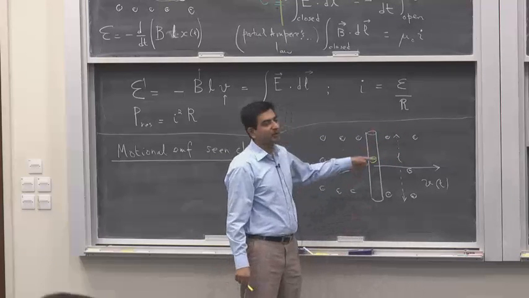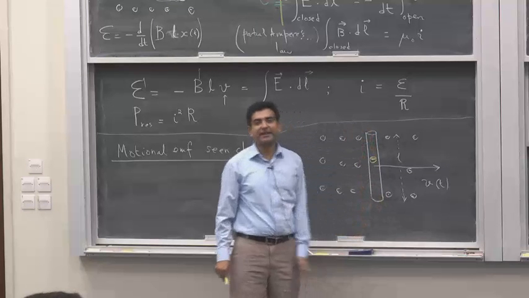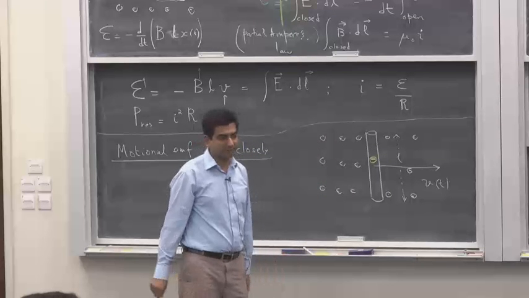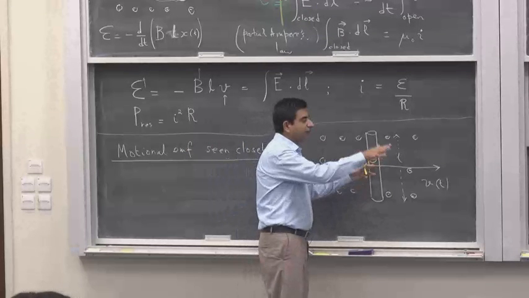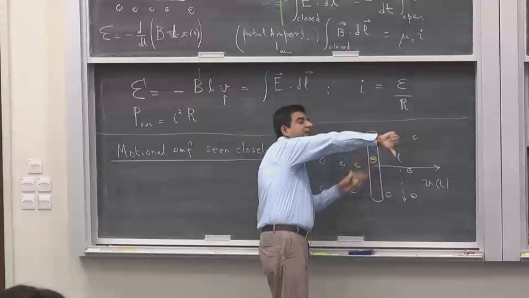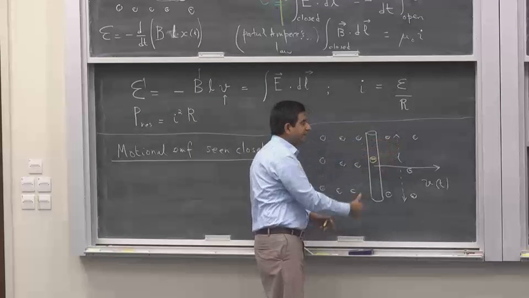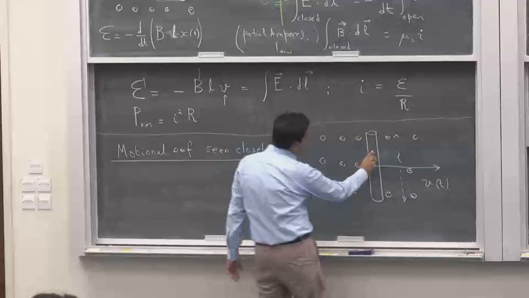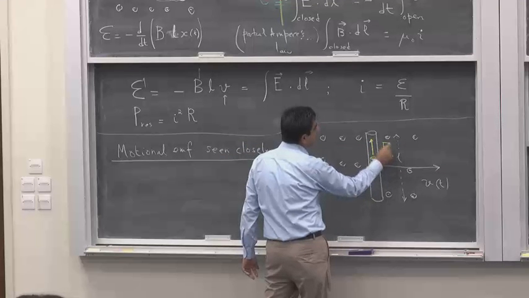So if this were a positive charge, the force would be downward. This is a negative charge, so the magnetic force would be upward. QV cross B. So Q, the velocity is here, field is outside, so the force points downwards for a positive charge. If Q is negative, the force is going to point upwards. So the magnetic force on this electron is going to point in the upward direction, Fm.